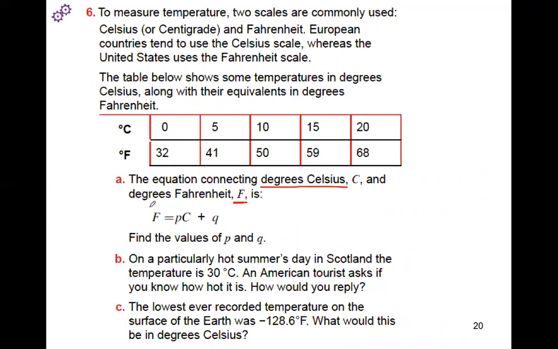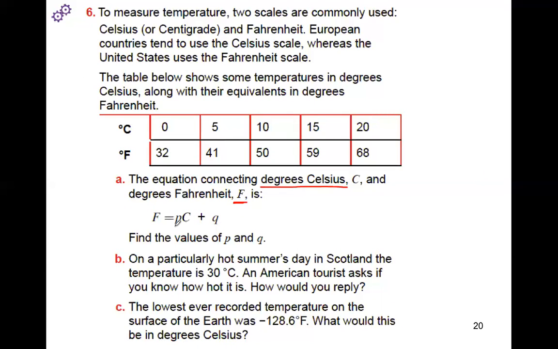So there is a line, the equation of a line that we can extract from it. Okay, so what they've done is they've given us a few points, 0, 32, 5, 41, and they've asked us to find the value of P and Q. Again, what they're asking us to do here is to find the intercept, Q, and the gradient, P.